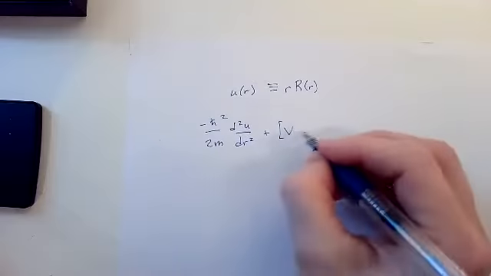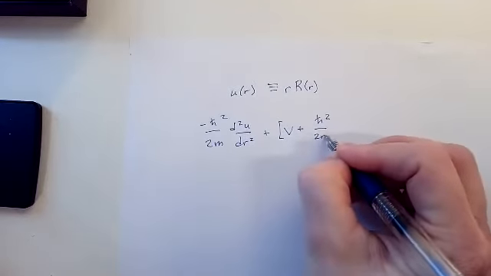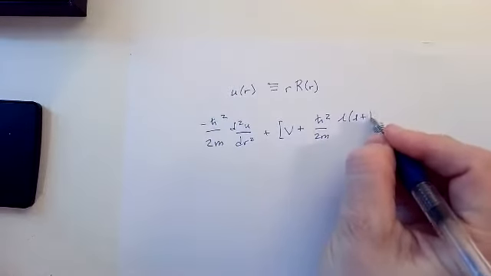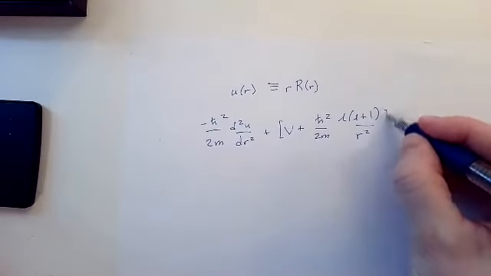So we've got V, we've got h bar, 2m. Okay, so this is our Schrodinger wave equation, right?